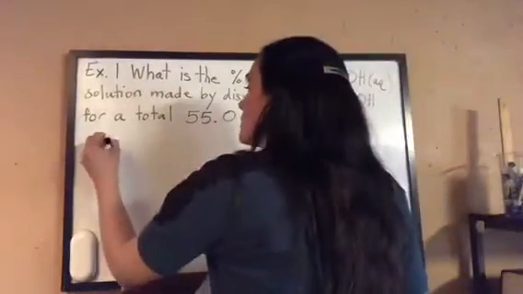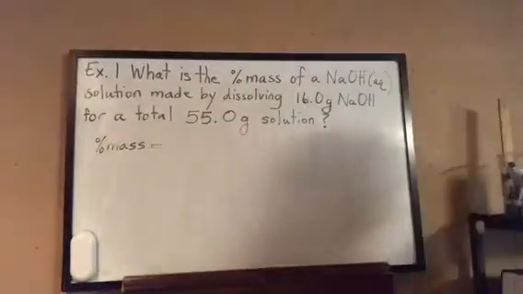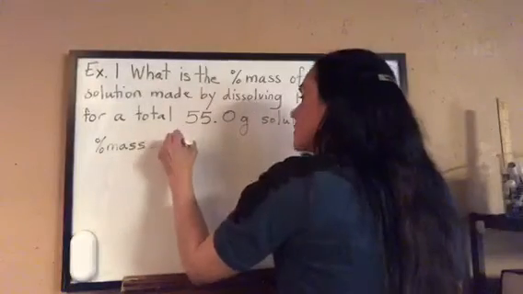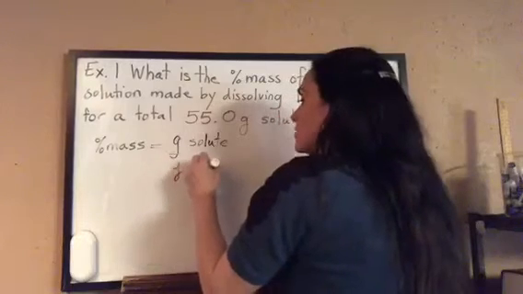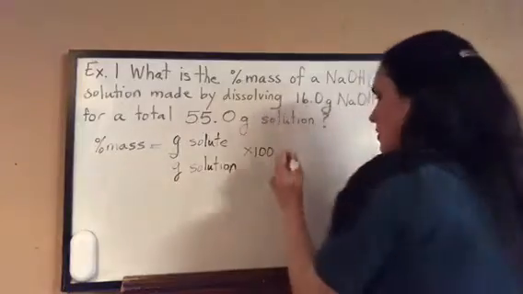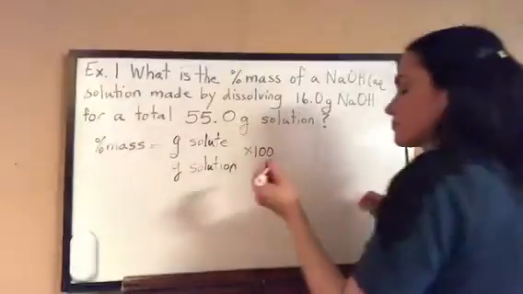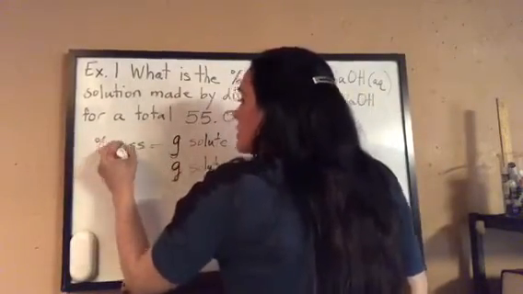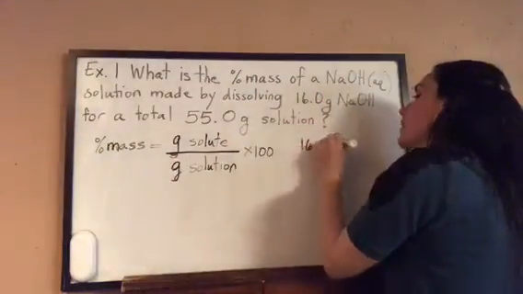Well, we have our formula: percent mass equals the grams of solute over the grams of solution, times 100. The amount of solute is 16 grams.